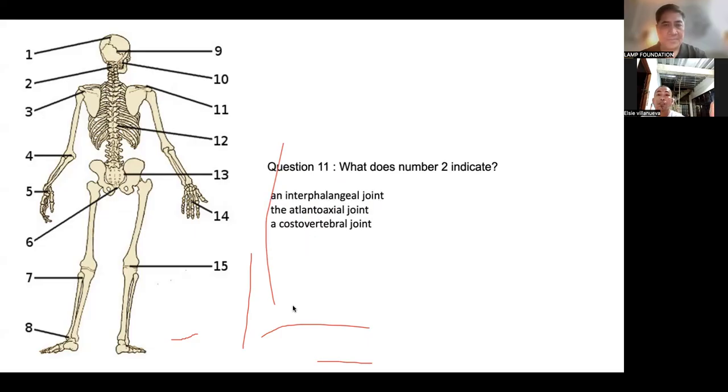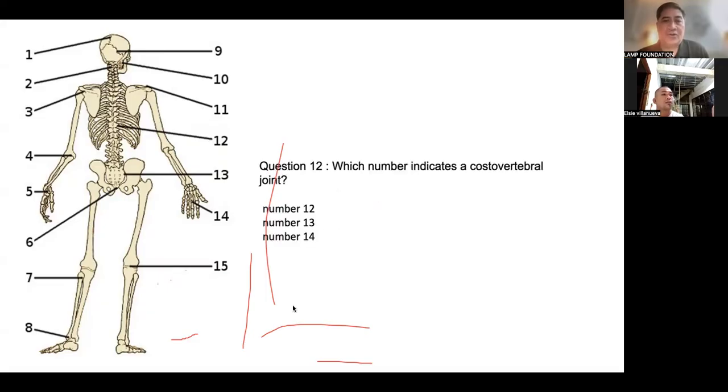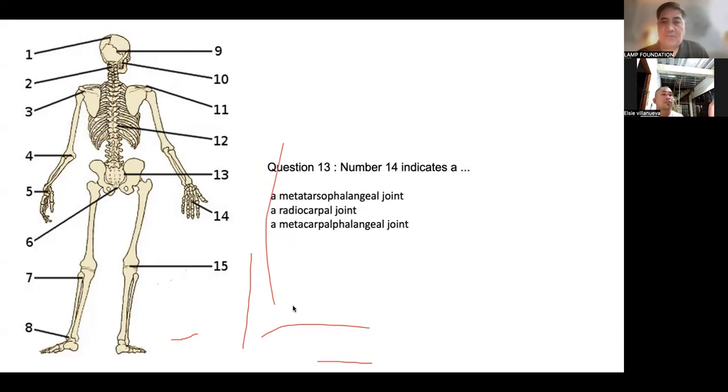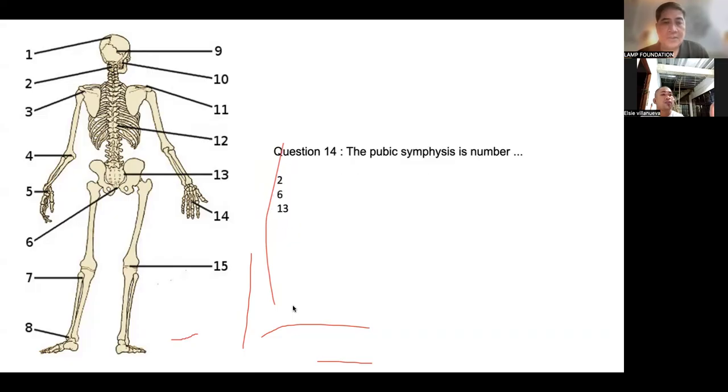Number 3. Number 2, the atlantoaxial joint. Costovertebral joint. Number 12. Number 14, metacarpophalangeal joint. Pubic symphysis. Number 6.